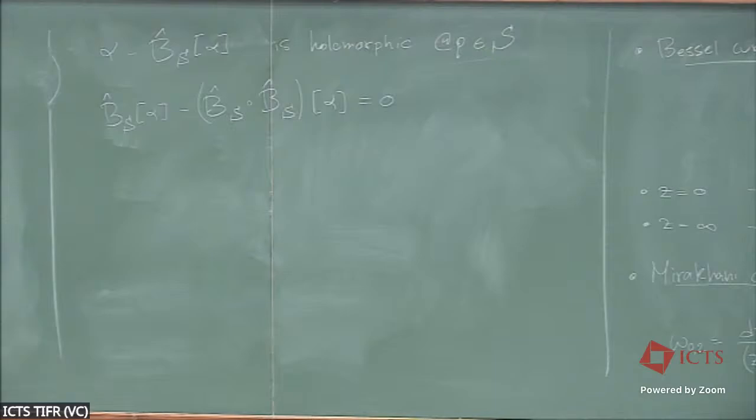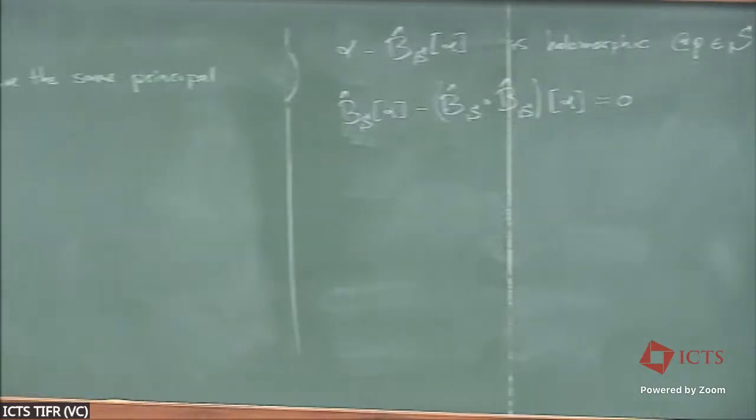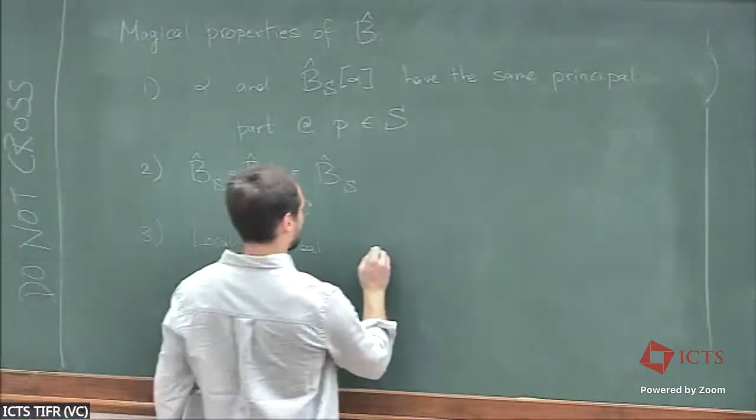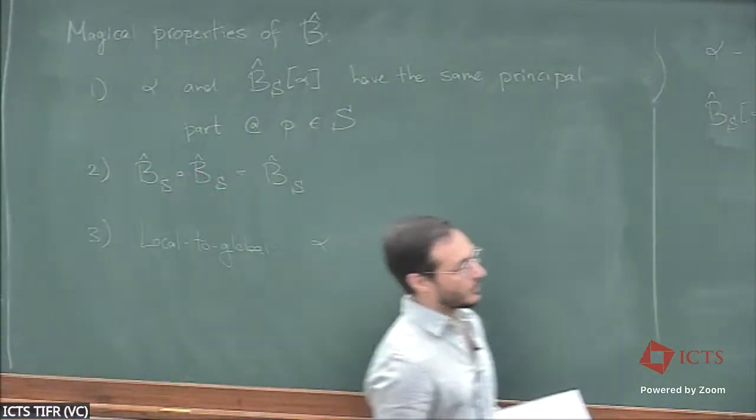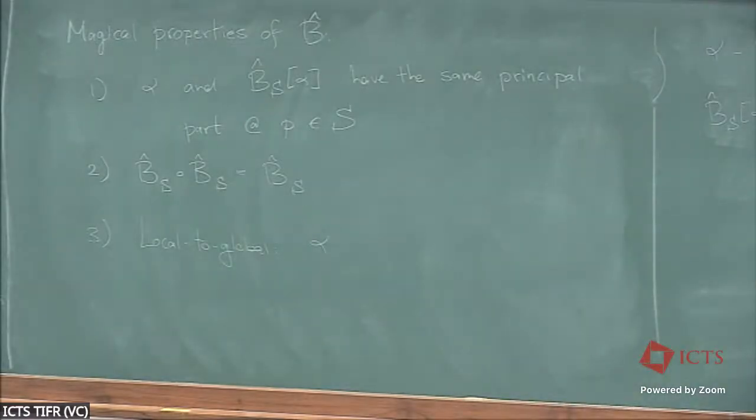And the third property that I want to discuss is, for me, the most magical property, which I like to call local to global. Even if alpha is not a globally defined meromorphic one form, you can see that in the definition of B hat, I don't really care about alpha everywhere on sigma.